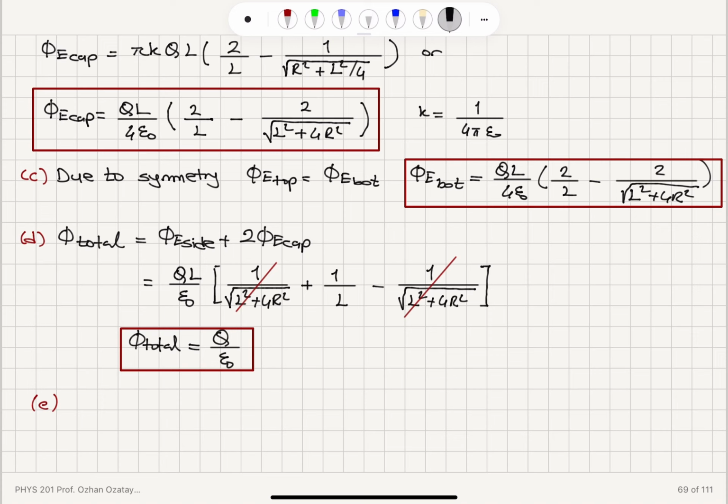According to Gauss law, the total flux is the charge enclosed by the surface divided by epsilon 0, which is capital Q divided by epsilon 0. So we find that our result agrees with Gauss law.